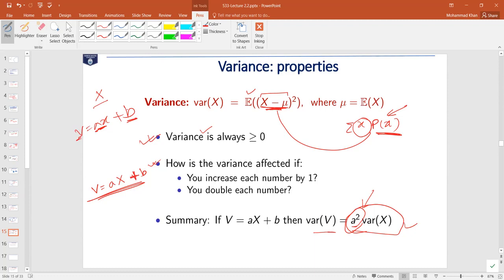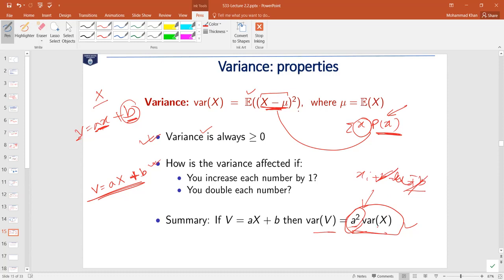We argued that if we add the same value to all the values, the same value will be in the mean. So if we add all the B values here, the mu will be changed to mu plus B. So all the values are added, and we'll have xi plus B minus mu minus B. So we'll discard the B's. That's why we do not see B in the variance.